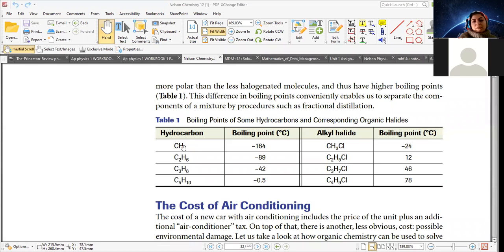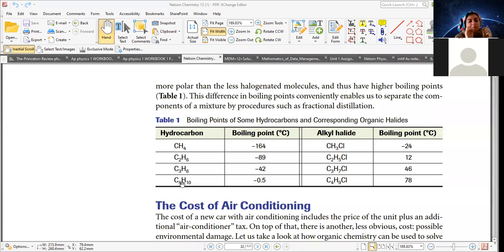London force depends on how many electrons and protons you have. The higher the amount of electrons and protons, the more the London force increases. So of course C4H10 compared to CH4 is bigger and has a higher amount of electrons and protons. The London force is going to be bigger here. That's why the boiling point is higher.